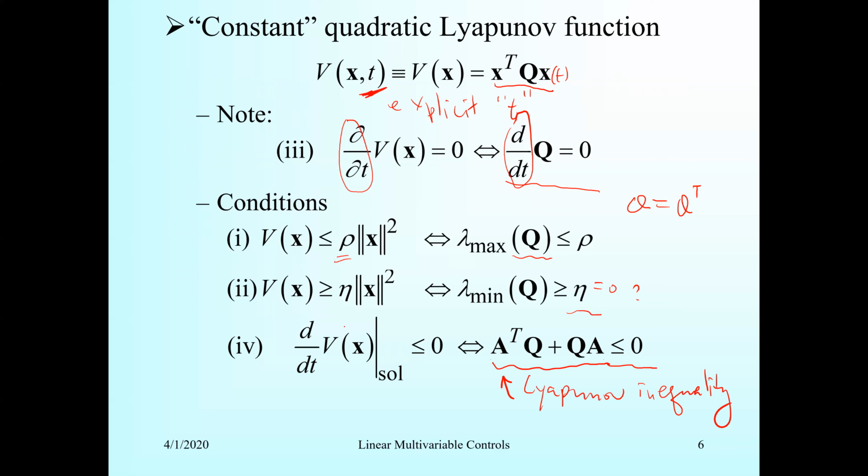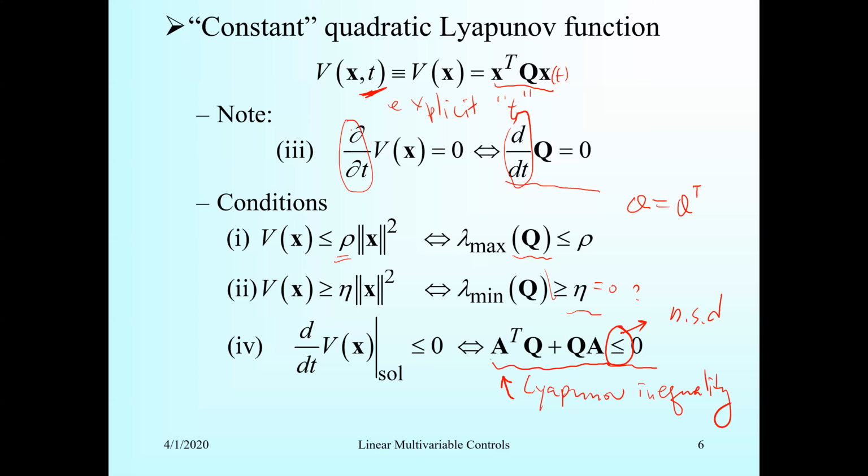A transpose Q plus QA is less than 0. What does that mean? That means A transpose Q plus QA is negative semi-definite, NSD.